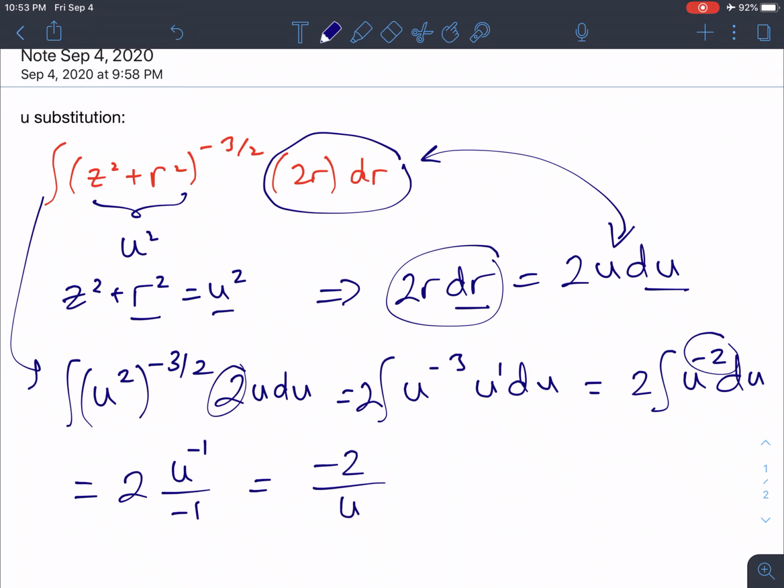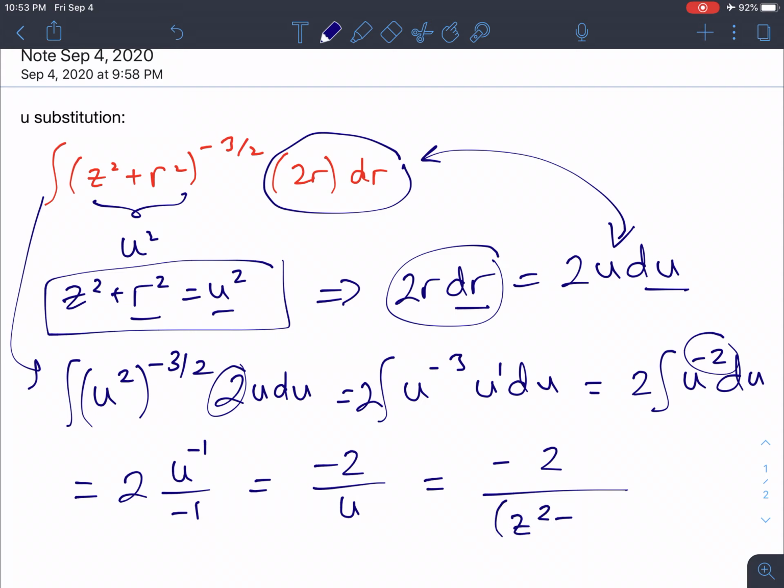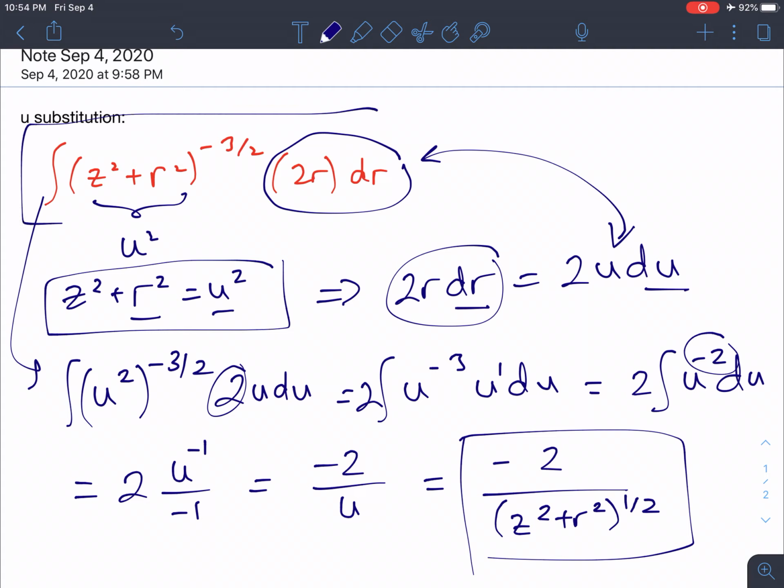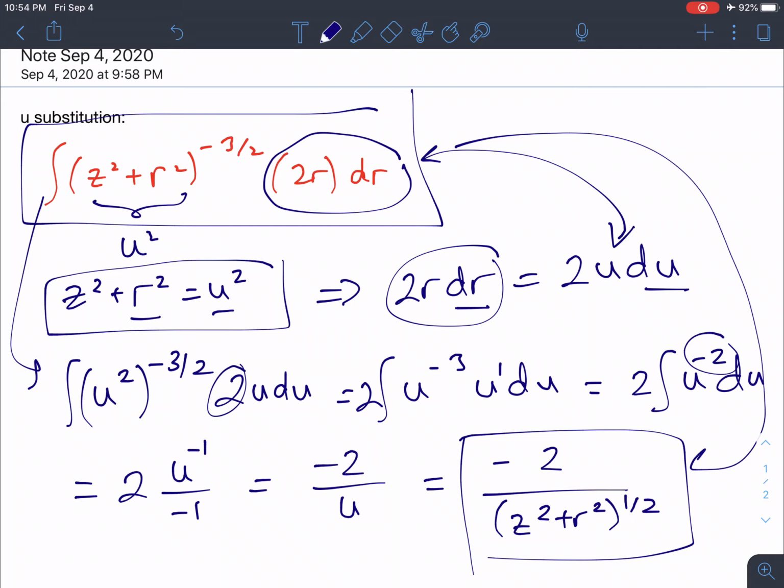Because u has a power of negative 1, it's going to flip it. Okay, so let's remember what u was: u squared was z squared plus r squared, as we defined it here. And u is going to be z squared plus r squared to the 1/2, so you need to take the root. This is what we're going to replace in this whole integral. Okay, that is the answer to that.